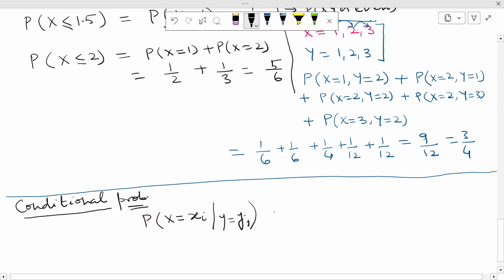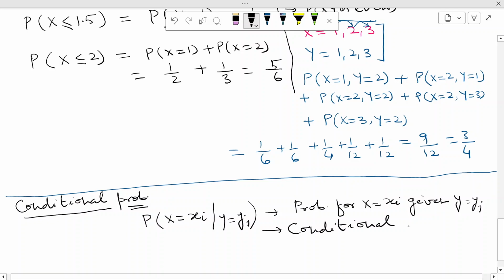So this is the situation of the probability for x equals xi given y equals yj, which is the case of conditional probability.